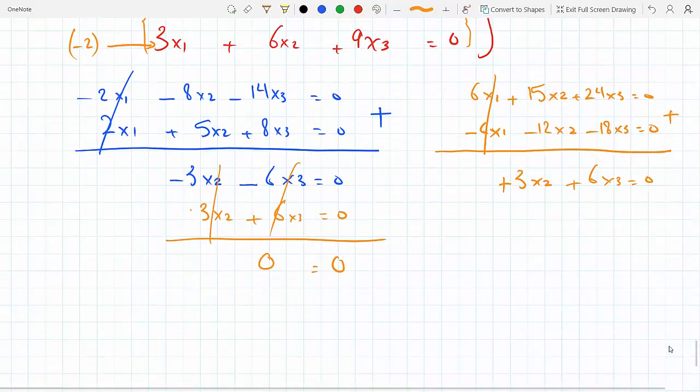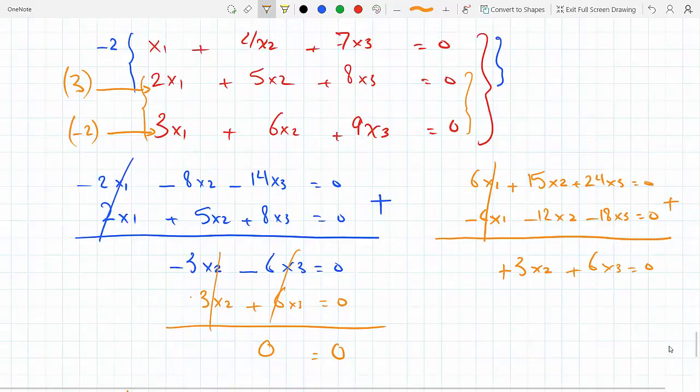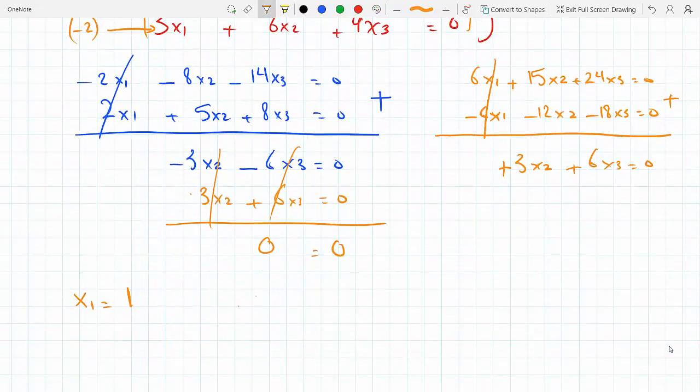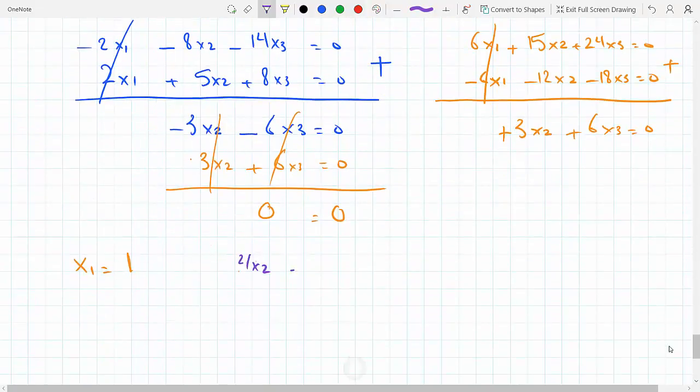Meaning to solve this system I could, for example, choose x1 to equal 1, and if I do that, to get a non-zero solution, I plug this in the first equation and get 4x2 plus 7x3.